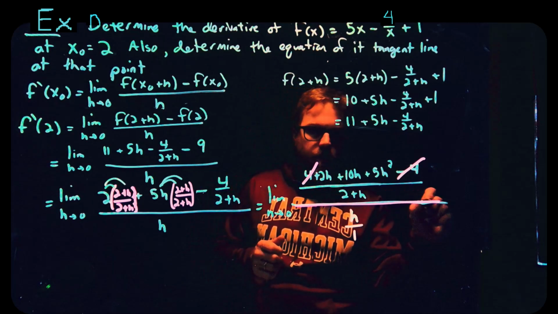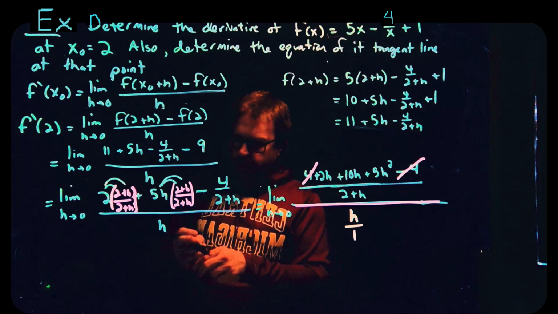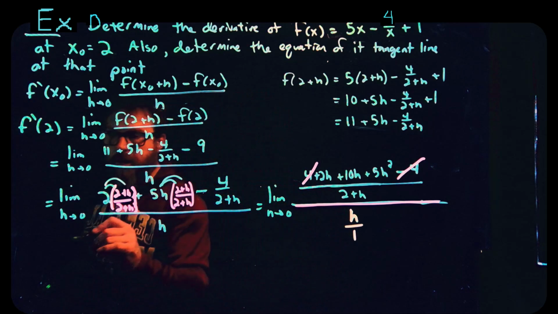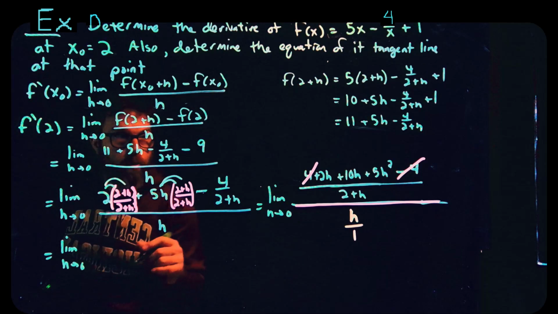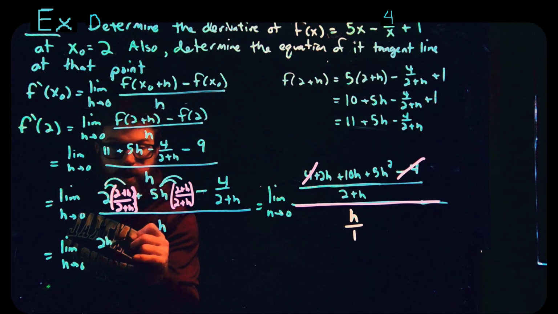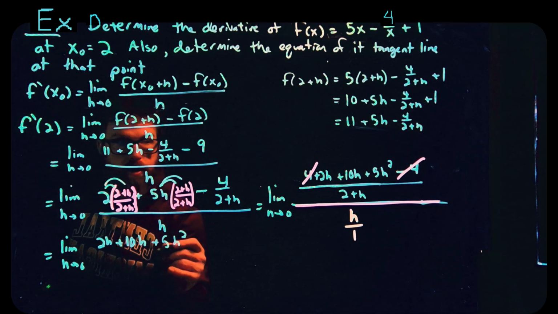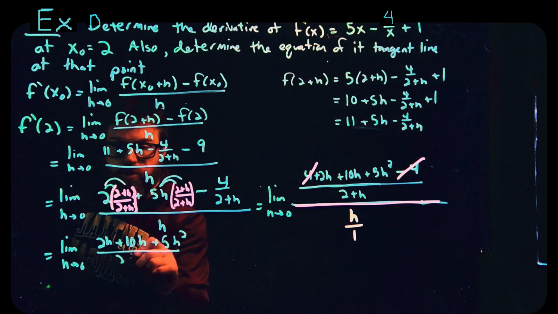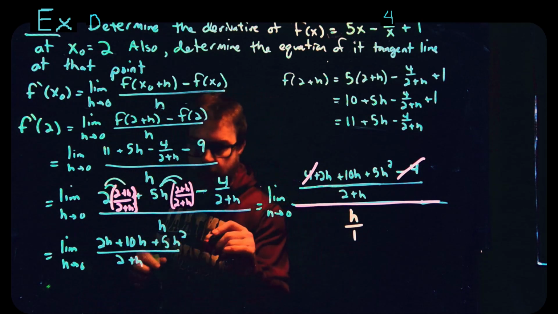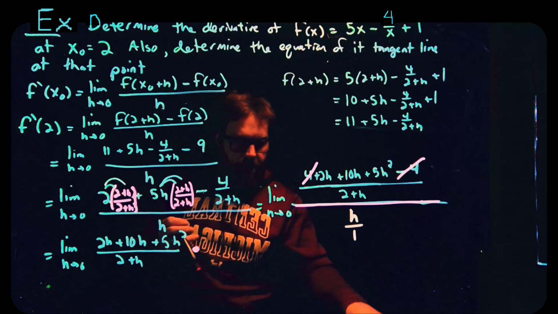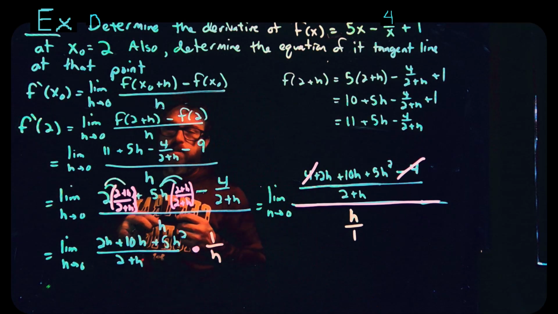So when we want to rewrite this, we just rewrite that division as equivalent multiplication. So this is going to be the limit as h approaches 0 of (2h + 10h + 5h squared) all over our 2 plus h. And then when I do this division, it becomes multiplication by this thing's reciprocal, which is going to be a 1 over h.